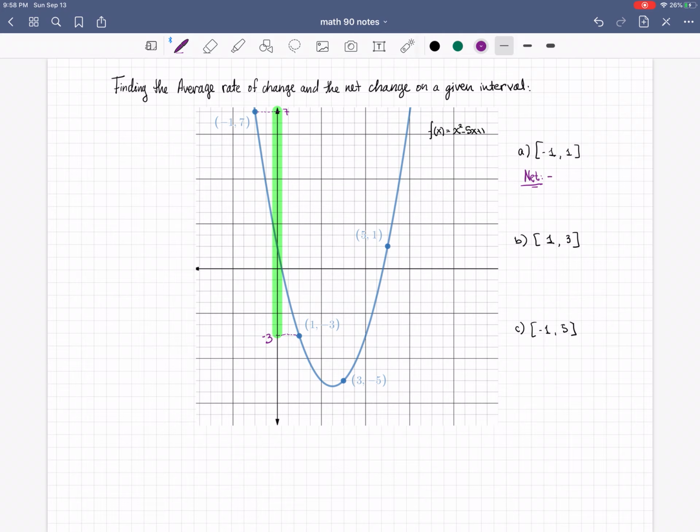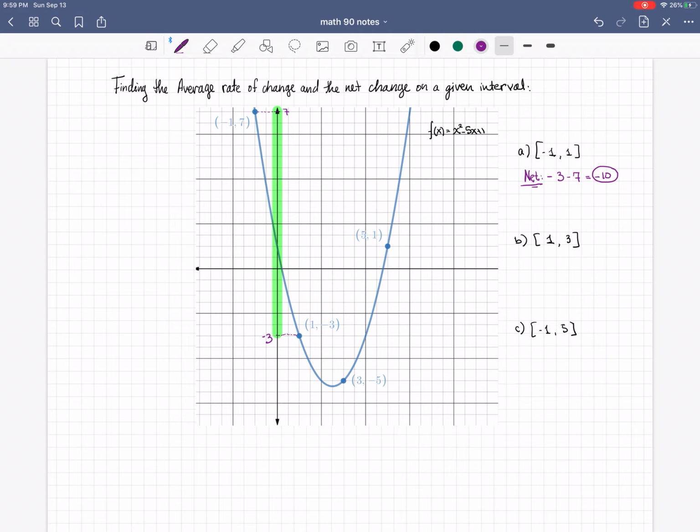And the way that we would write that here is we would say the net change was -3 minus 7, which is -10. If you wanted to say it in words that make a little bit more sense, you would say the value of this function fell 10 units between the inputs -1 and 1.